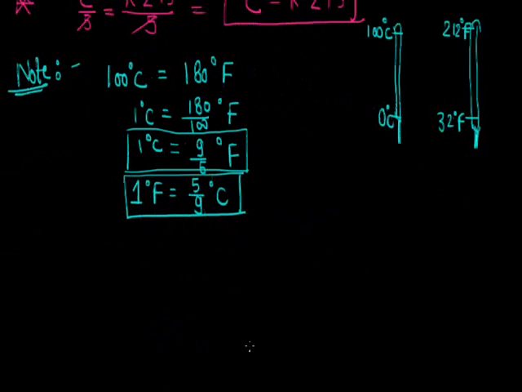Obviously the size of a degree on the Fahrenheit scale is smaller, 5 by 9th, than the size of a degree on the Celsius scale.